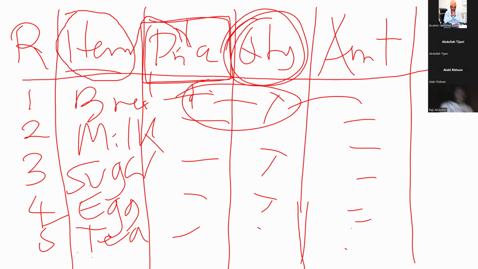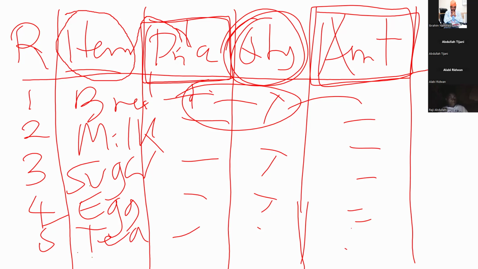Then based on the price and the quantity, it should calculate the amount. So we will not be asking the user for the amount. The program should do that. So it will be, which product do you want? We indicate the product. How many pieces or units of that product do you need?